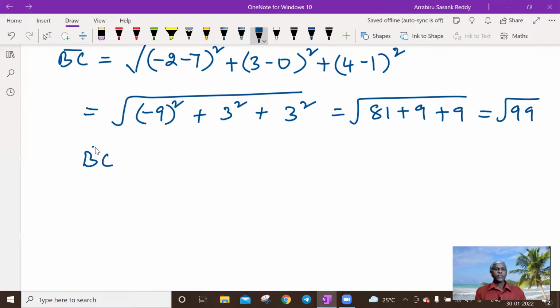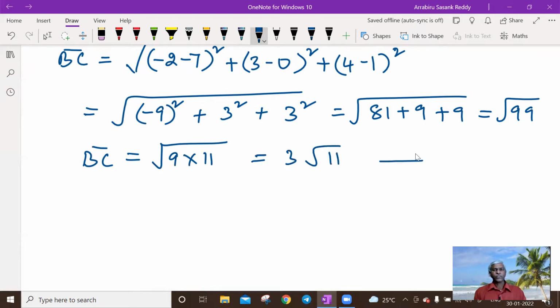Now BC, this can be written as 11 into 9 or 9 into 11. So root 9 is 3. So this is equal to 3 root 11, BC.